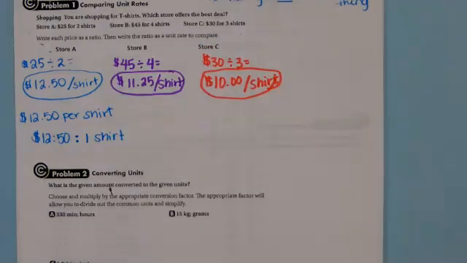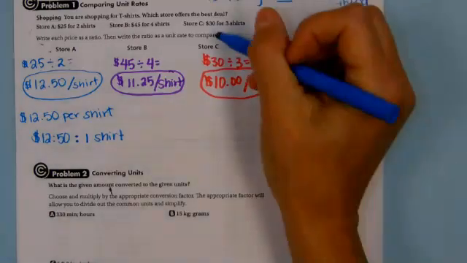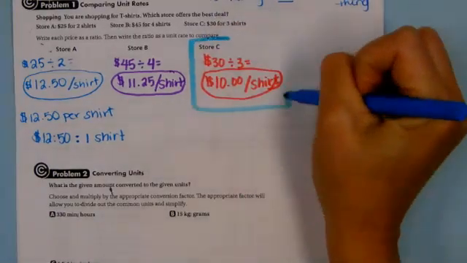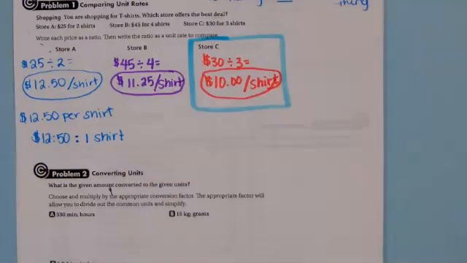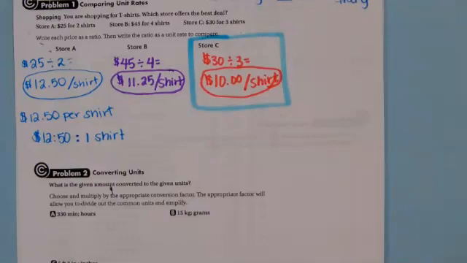And we kind of do this mentally all the time, especially if you're shopping, you don't want to get ripped off. We're assuming these shirts are the same, right? You definitely want to purchase from the store that's going to give you the best deal. Sometimes people don't calculate that in their mind.